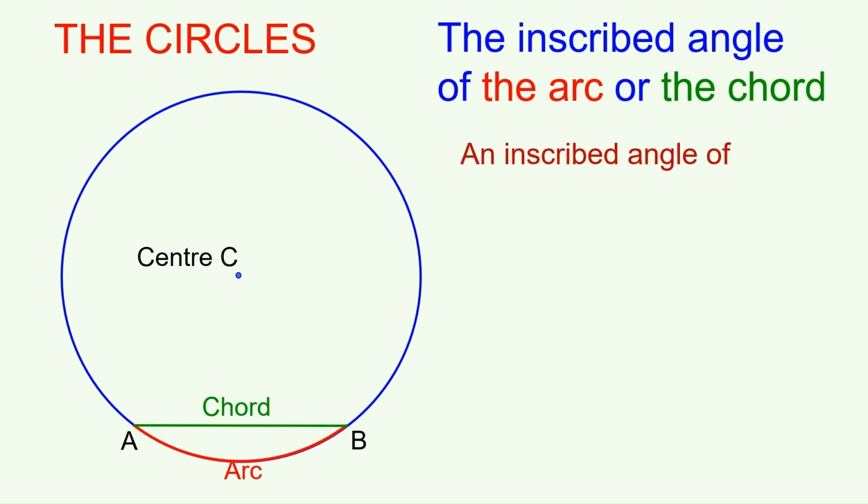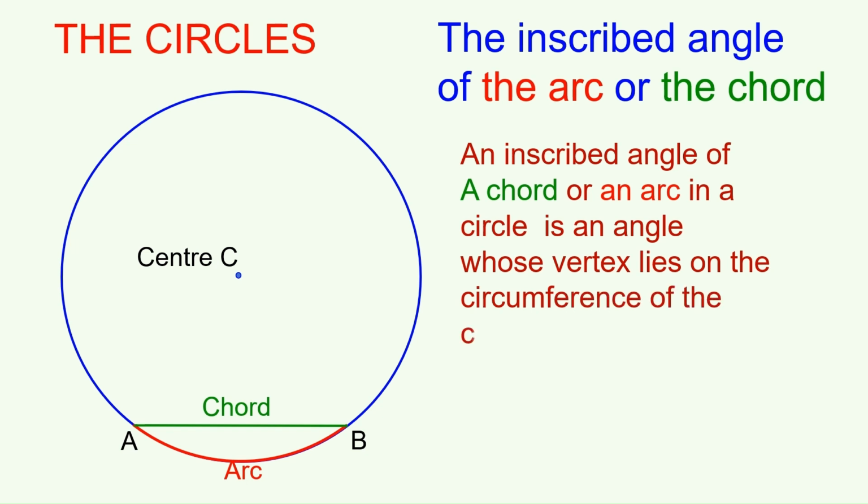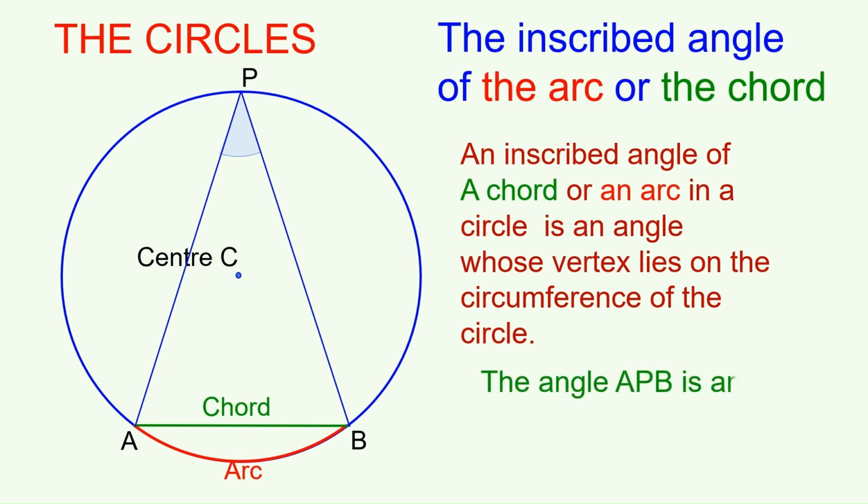An inscribed angle of a chord or of an arc in a circle is an angle whose vertex lies on the circumference of the circle. The angle APB is an inscribed angle of the chord AB.